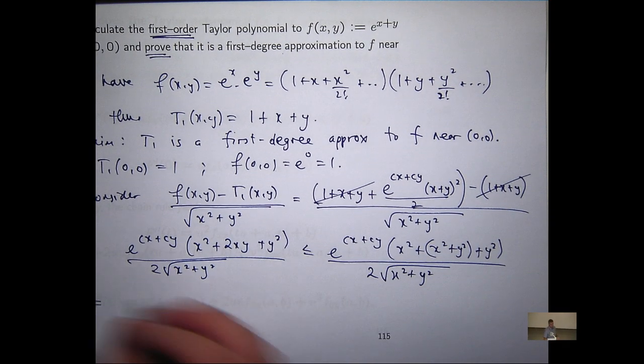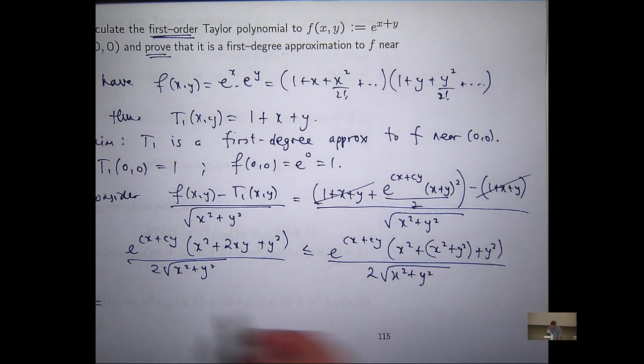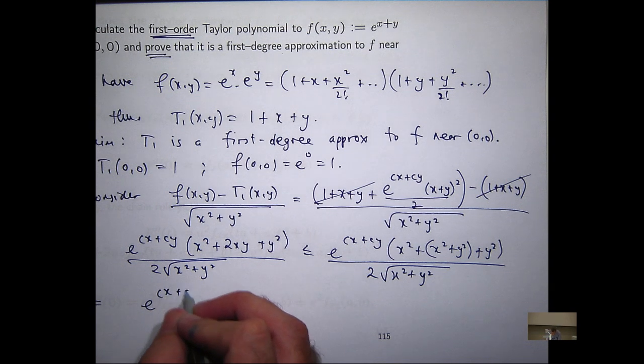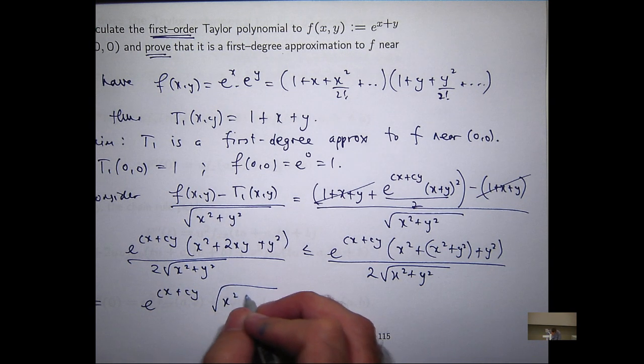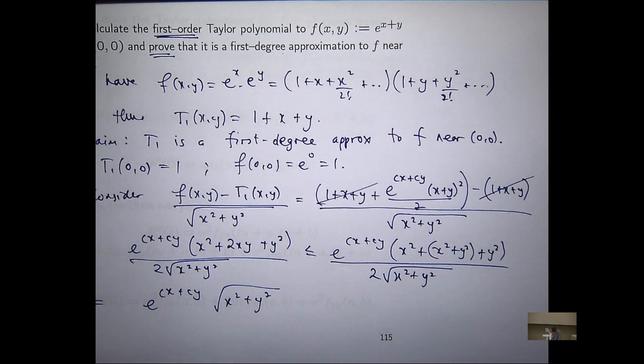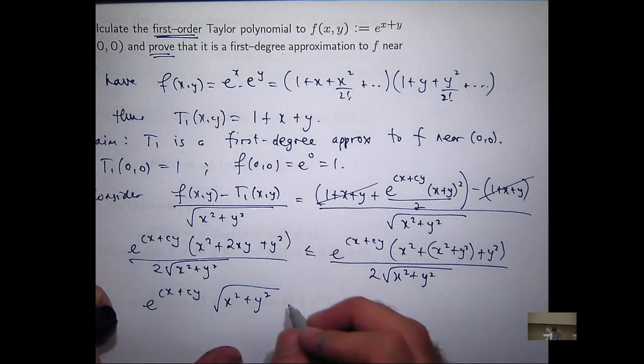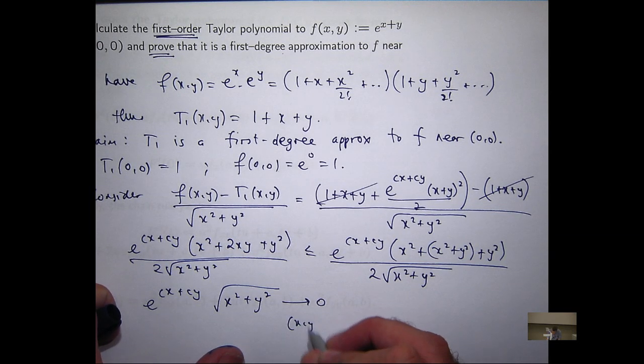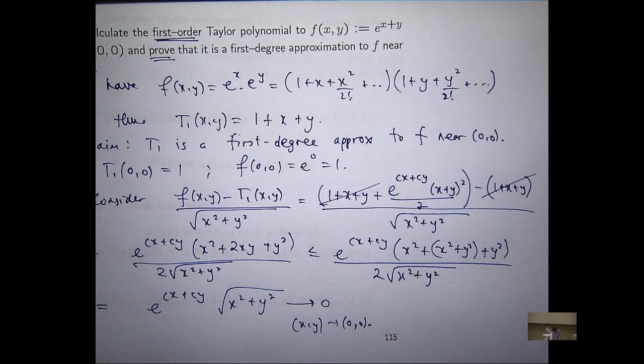I can cancel that. I'm going to get x squared plus y squared on the top. So I can simplify. Now, what's that bottom line going to go to as x and y go to 0? Zero. So we will conclude that T sub 1 really is a first degree approximation.